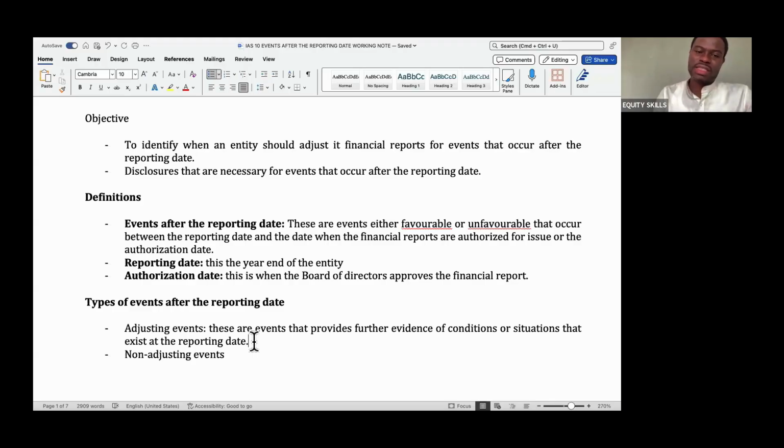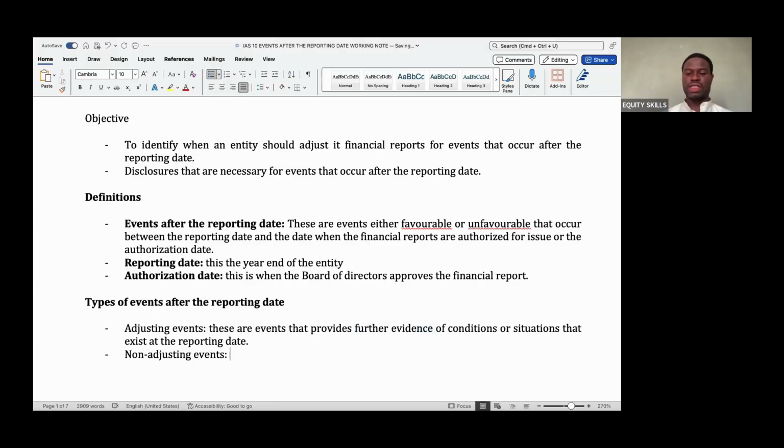These things had been existing at the end, just that we did not have sufficient information at that date. We will look at further examples very soon. But adjusting events are events that provide further evidence of conditions or situations that exist at the reporting date.